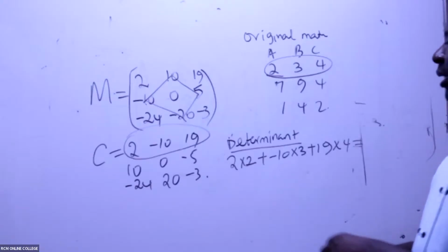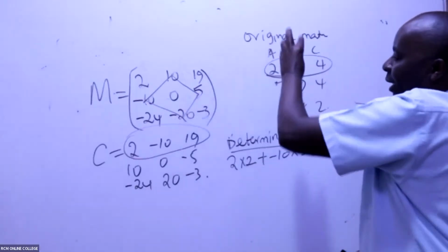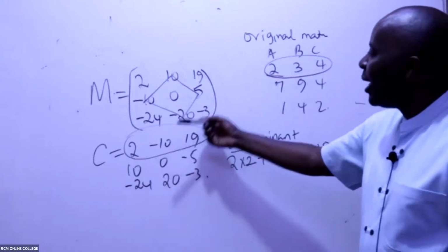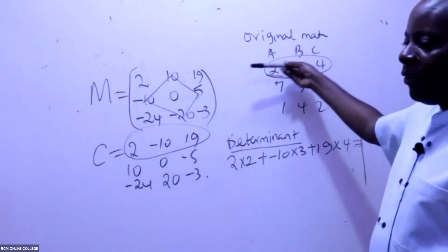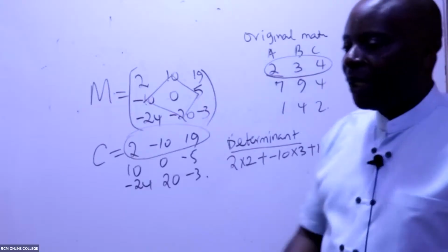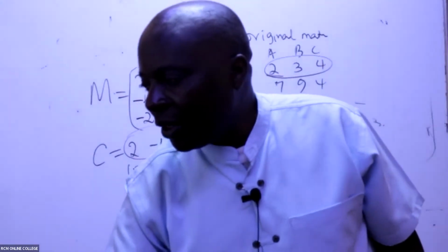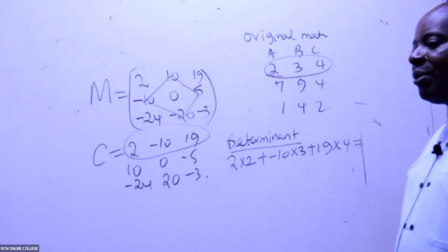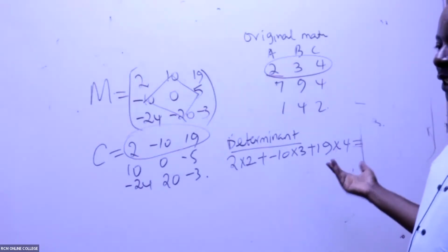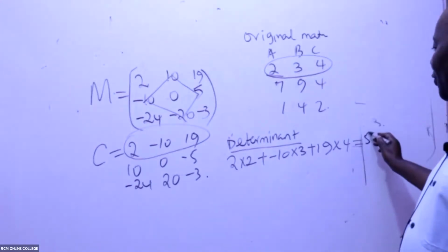So for the determinant, you take row 1 and row 1 here. For the cofactors, you take this and this, and then you consolidate and combine the numbers. Is there somebody who is able to confirm 50? That 50 we got there.